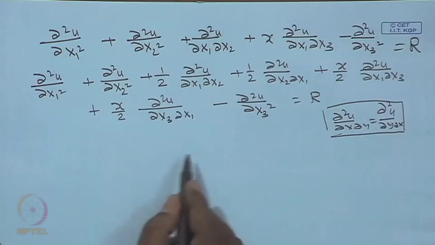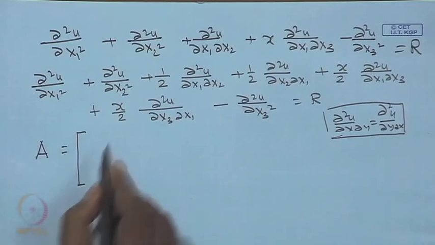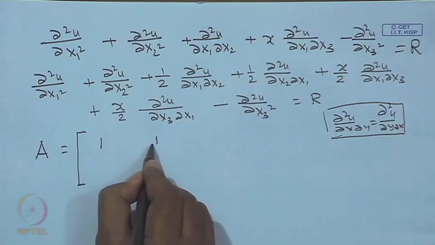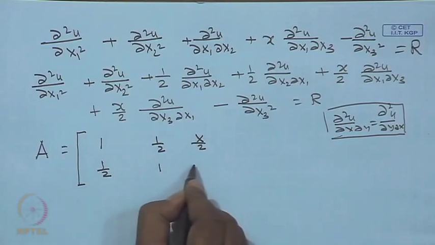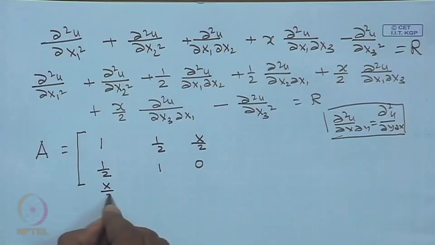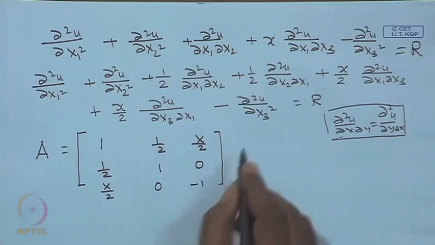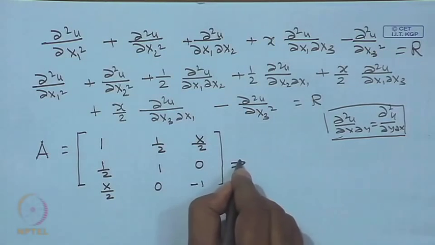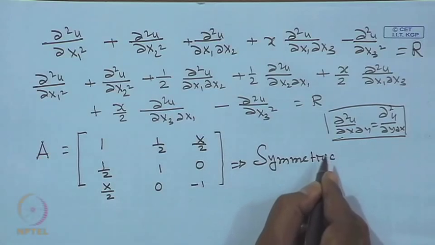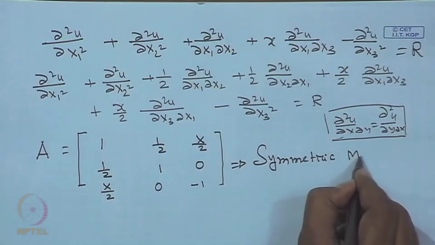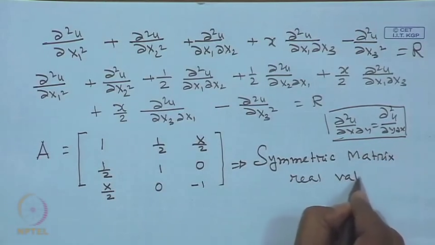Okay. Now, we write down the coefficient matrix A. If you look into the coefficient matrix, it will be 1, half, x by 2; half, 1, 0; and x by 2, 0, minus 1. So, this is a symmetric matrix, and of course, it is real valued.